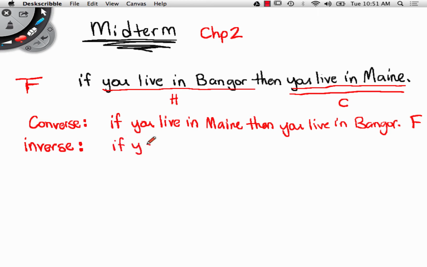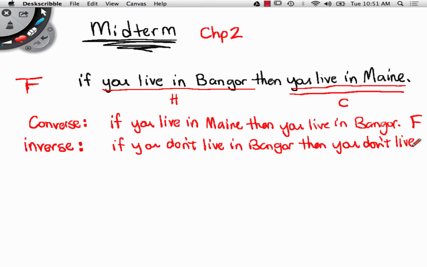If you don't live in Bangor, then you don't live in Maine. So is this a true statement? No. Right. I live in Corinth. So do I live in Maine? I do. So this is not a true statement. This is false.